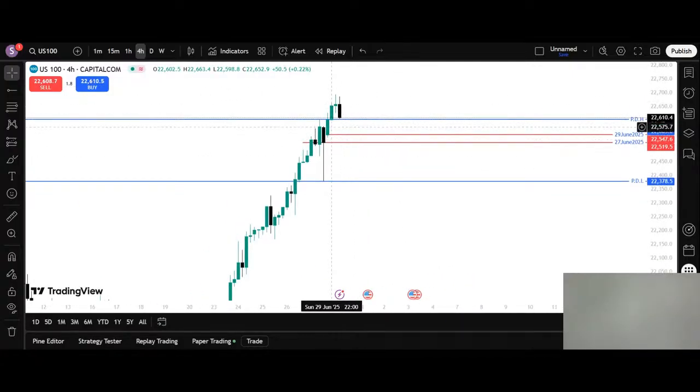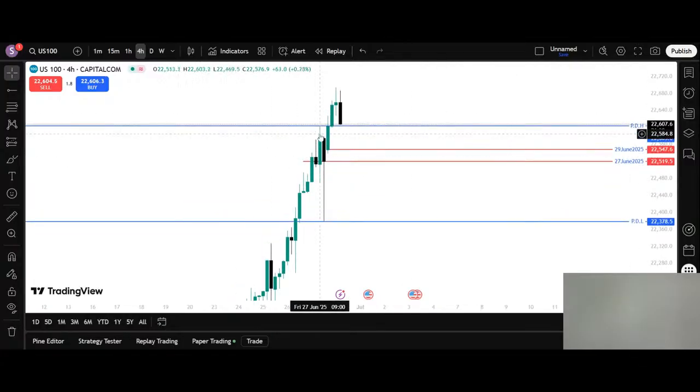If this candle closes with a strong bearish tick, it might go down. It's currently in the bullish FVG. As you can see here, there's a bullish FVG from here till here. It's probably going to tap that, but let's see if it rejects from it or violates it and goes down completely.